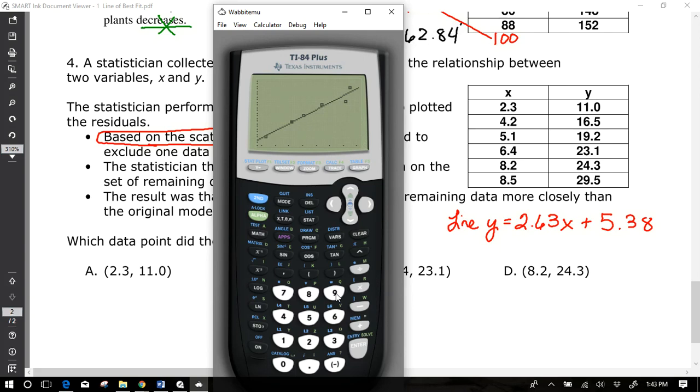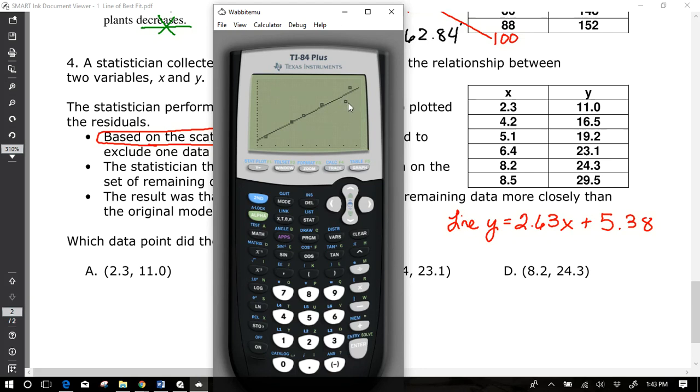This is going to be exactly accurate. And we also graphed the line of best fit. The reason that we did this is because we wanted to see which data point was an outlier. Which one did the statistician remove because it didn't fit the data like most of it did? And the answer is this one right here.